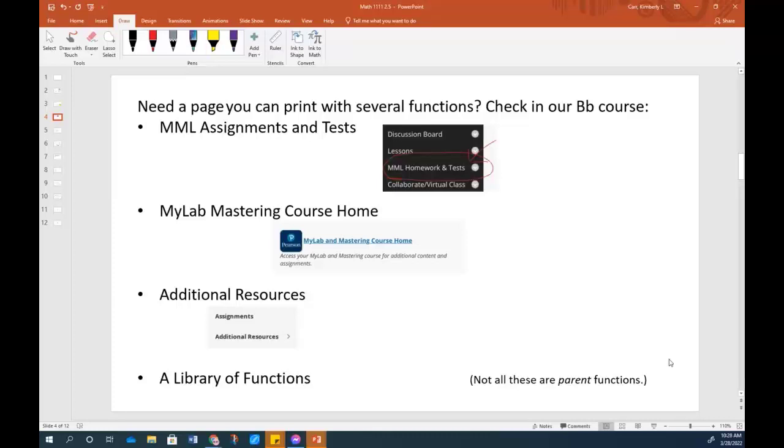Then click on Additional Resources, and I think it's the last one that comes up, but we have a library of functions. Not all of those functions on that page are parent functions, but it does include those parent functions I just told you. So you just have to keep in mind that if they've got numbers that are added or subtracted or coefficients besides 1, then they don't apply to parent functions.